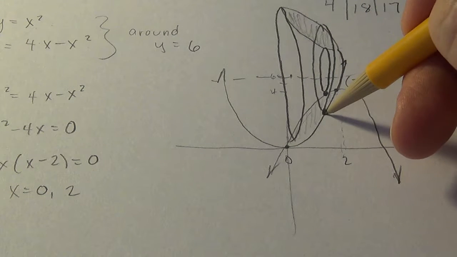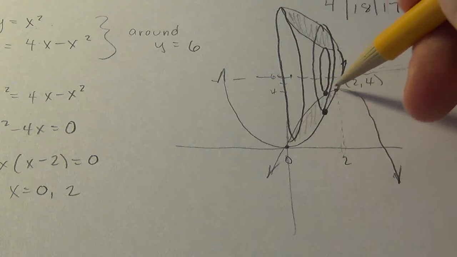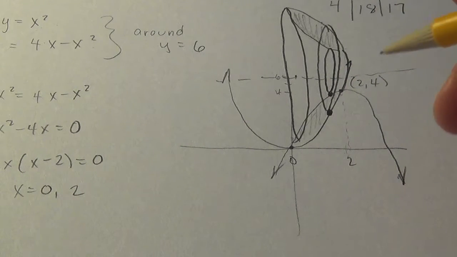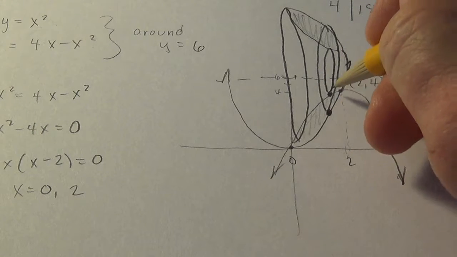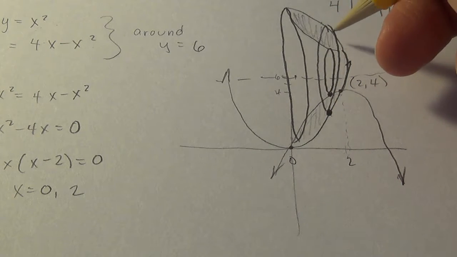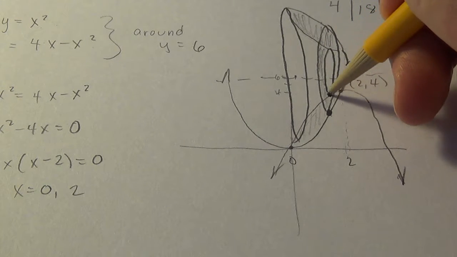I always draw the points because somehow the outer and inner disk are hooked to a function or a line somewhere. So there are my points of interest, here and here, where they hook. I am going to find the volume of this washer.